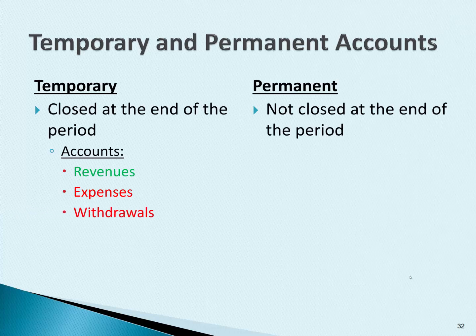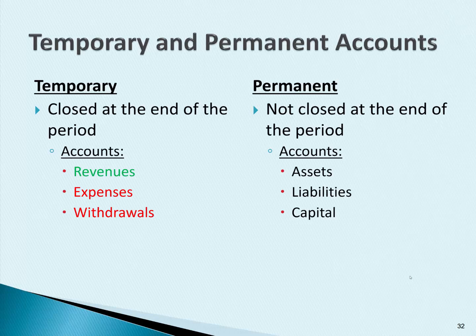These are the balance sheet accounts. They include the assets. You obviously are not going to close out your assets and get rid of them. Liabilities are also permanent accounts. It would be nice to zero out our liabilities and say we don't have to pay them, but that's not legal. And our capital is another type of permanent account.